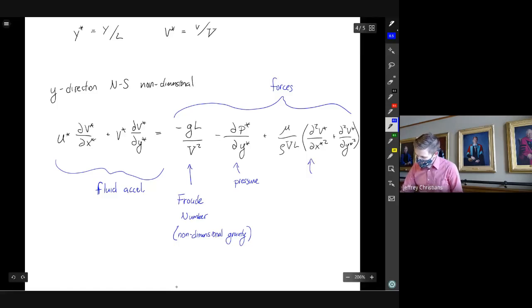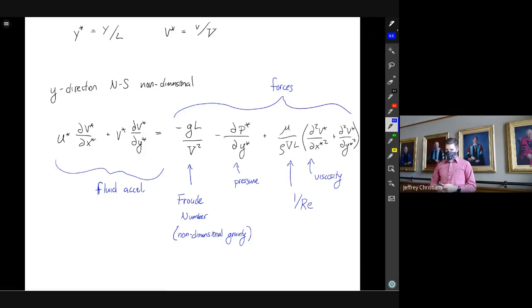This is obviously pressure. This last term is from viscosity, and you can see right there, that's 1 over the Reynolds number. So what we're going to eventually do is say, if we want to match the physics in a system where gravity matters and fluid motion matters, then we match the Reynolds numbers and the Froude numbers.